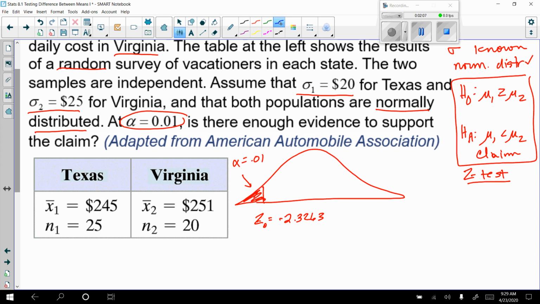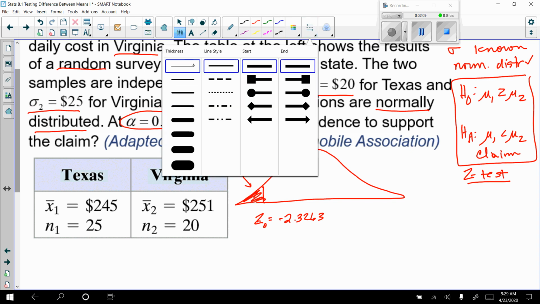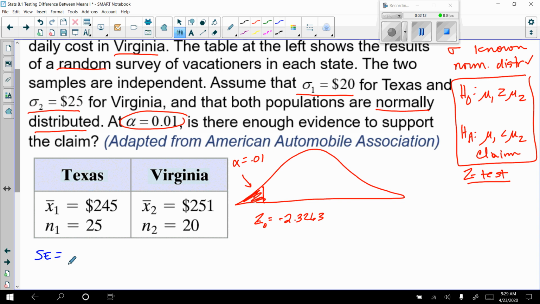We're going to find the standard error by taking the square root of the population standard deviation for Texas, 20, squared divided by Texas's n, which is 25, plus the population standard deviation for Virginia, which is 25, squared, over Virginia's sample size 20.